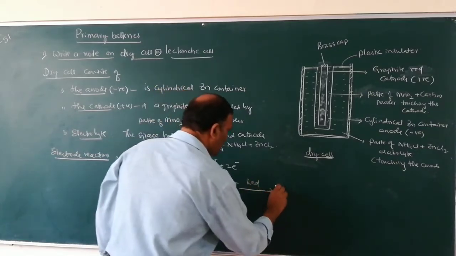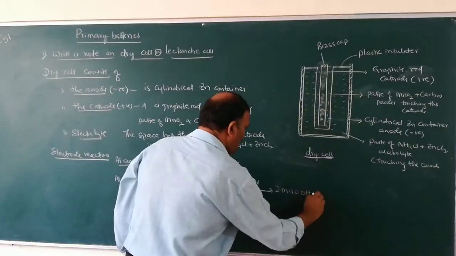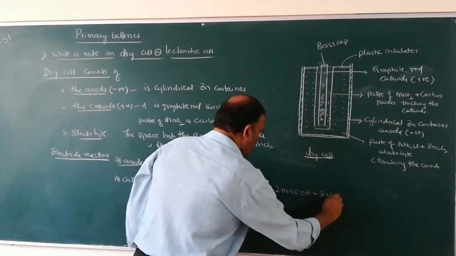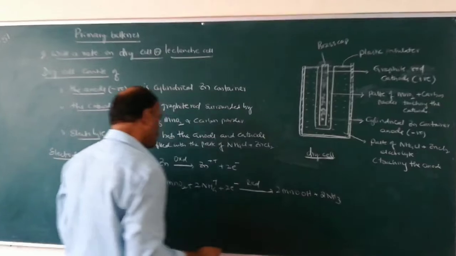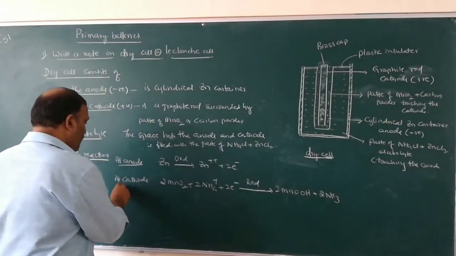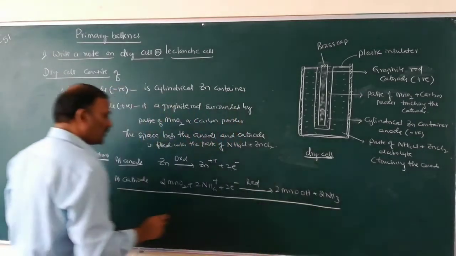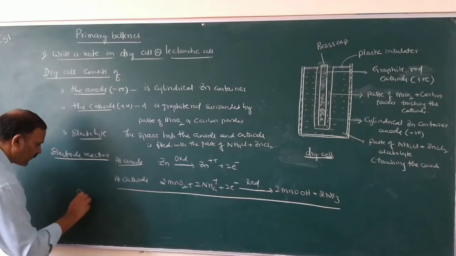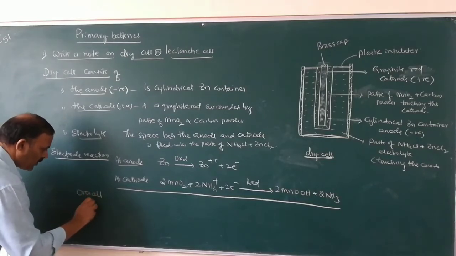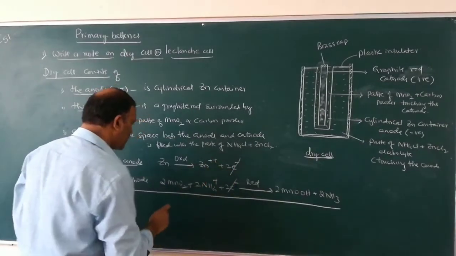So what happens? 2 MnOOH plus 2 NH3. So what is the overall reaction? So overall reaction of the cell. So electrons get cancelled.